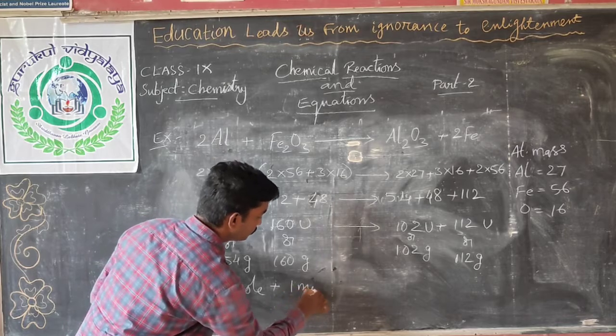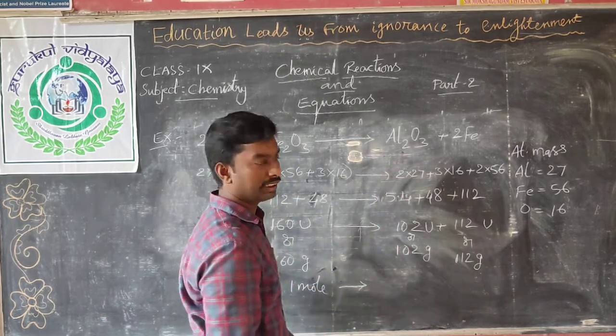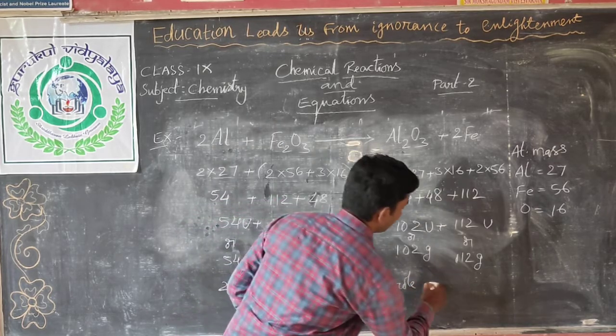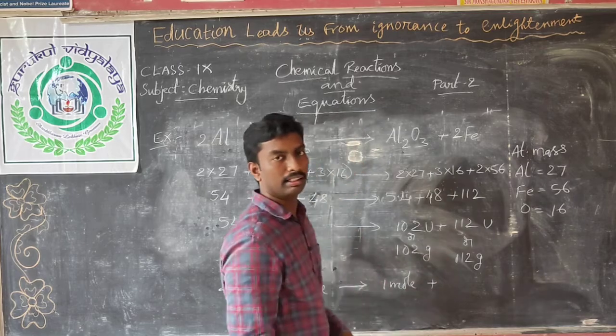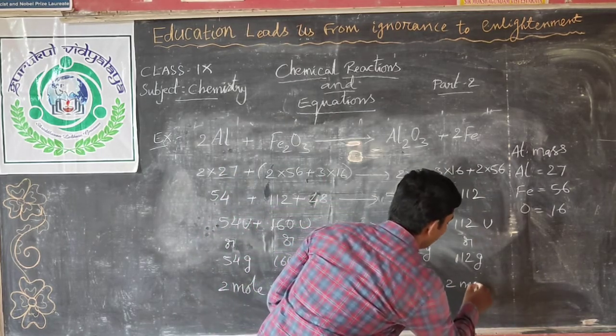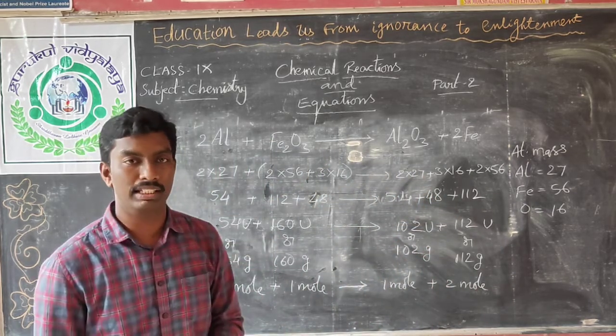So 1 mole gives rise to aluminum trioxide, which is also only 1 mole, and finally coming to iron, 2 iron atoms are there, so 2 moles of iron. So this is the differentiation for the chemical equation.